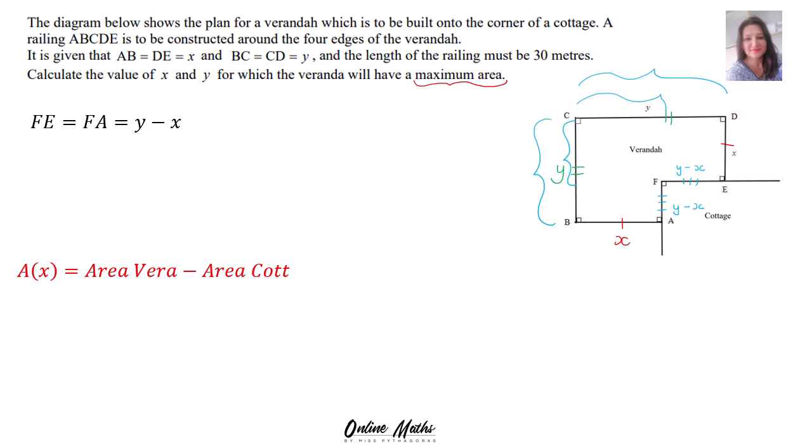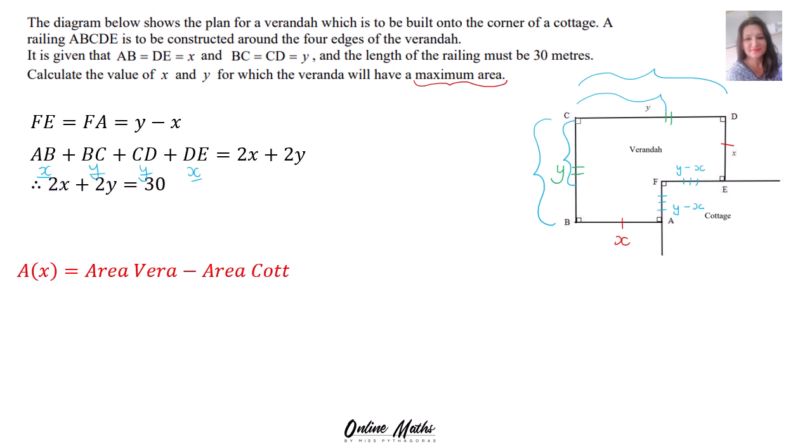That's your first priority. Then, if you go to the sketch, have a look. AB, which is X, plus BC, so now we're walking on the perimeter, which is Y, plus CD, which is also Y, plus DE, which is X, results in X plus X is 2X and Y plus Y is 2Y.